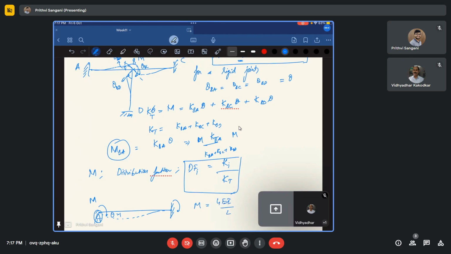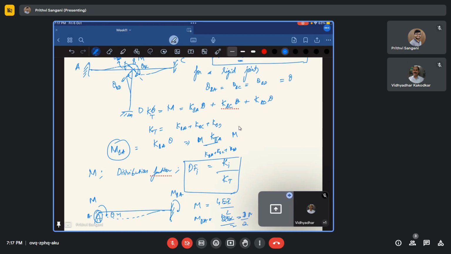Okay. Now, if you apply moment M here, what is happening at the other end? This is A, B, this is MBA. MBA is nothing but 2EI by L. That means half of the moment is carried over.